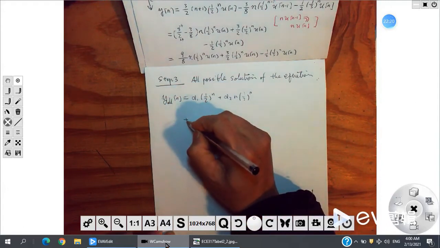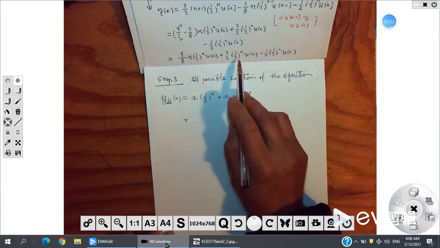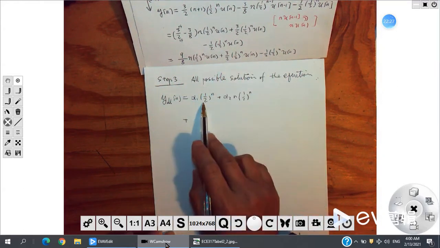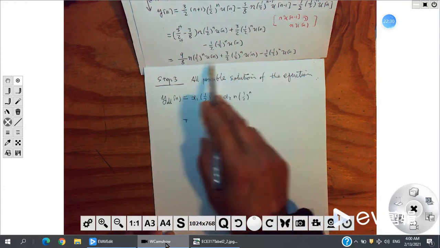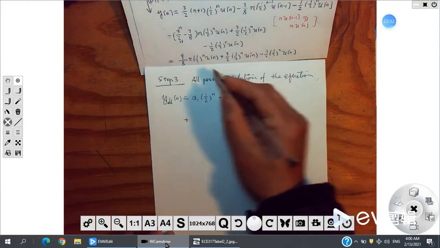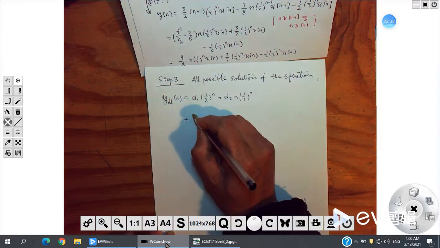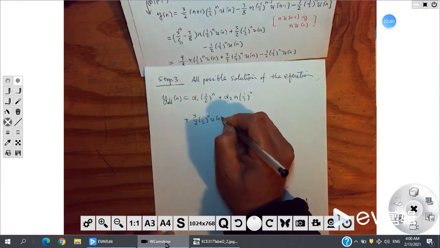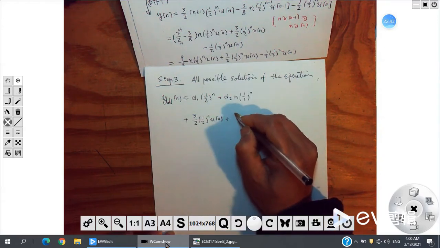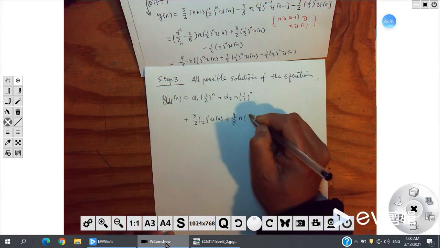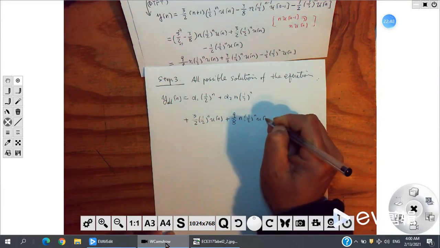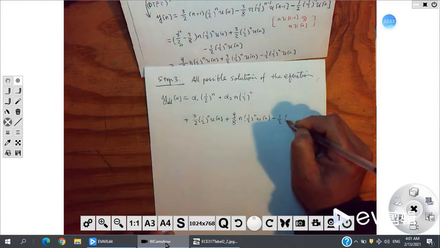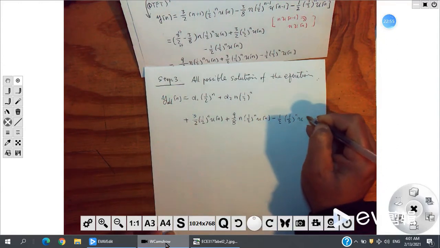For convenience I can move this in front because the first term is 1/2 to the n, second with n here, so I use the same order. The first one is 3 over 2 times 1/2 to the n u of n, and the second term now is 9 over 8 n times 1/2 to the n u of n, and then last one is minus 1/2 times 1/3 to the n u of n.